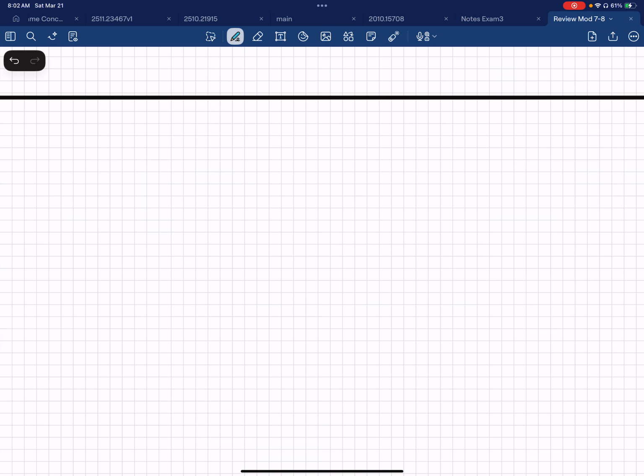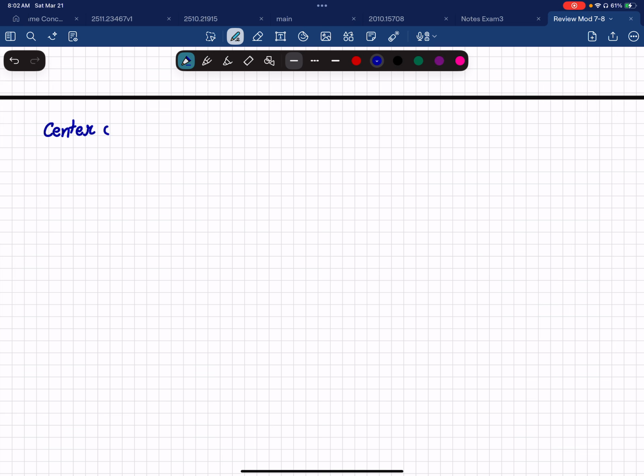One is the center of mass concept, which comprises this expression we just did, and the same for your y.